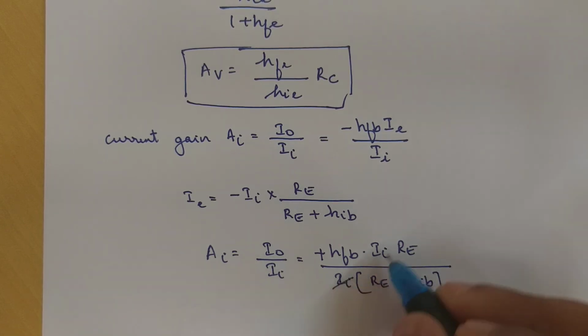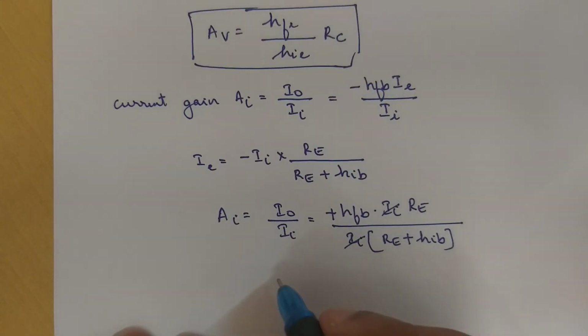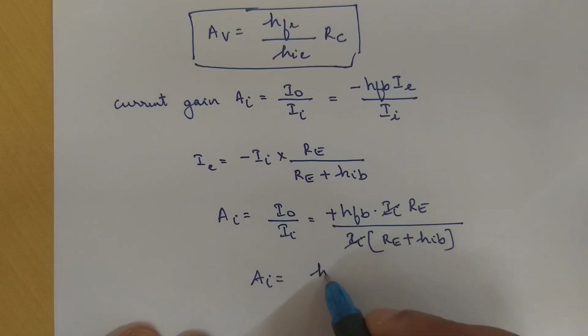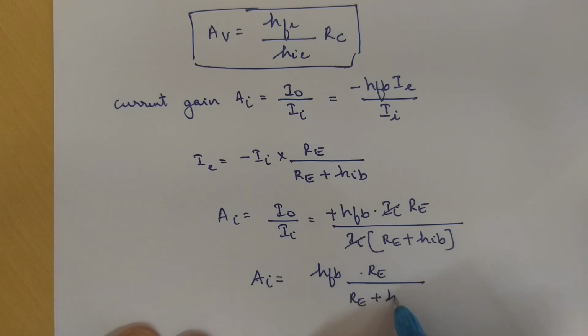So we can cancel II there. Therefore AI will be equal to HFB into RE divided by RE plus HIB.